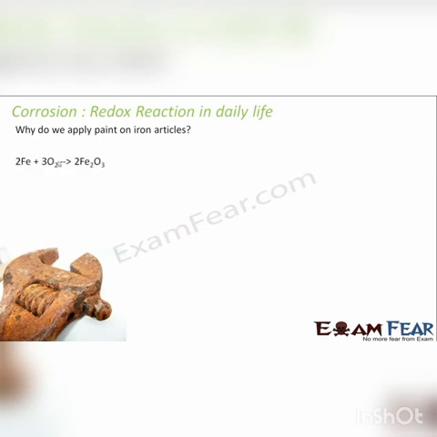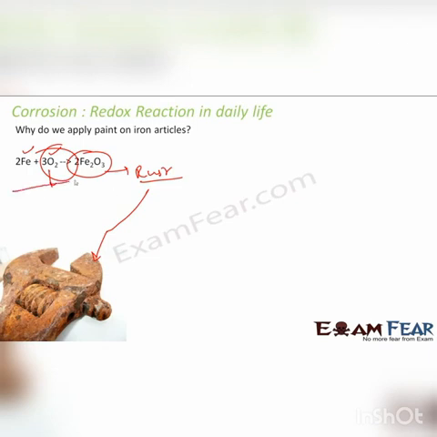Iron reacts with oxygen to give Fe2O3, which is nothing but rust, which you see here. To avoid this, we paint it. If you paint it, the iron won't come into contact with oxygen and Fe2O3 won't be created.